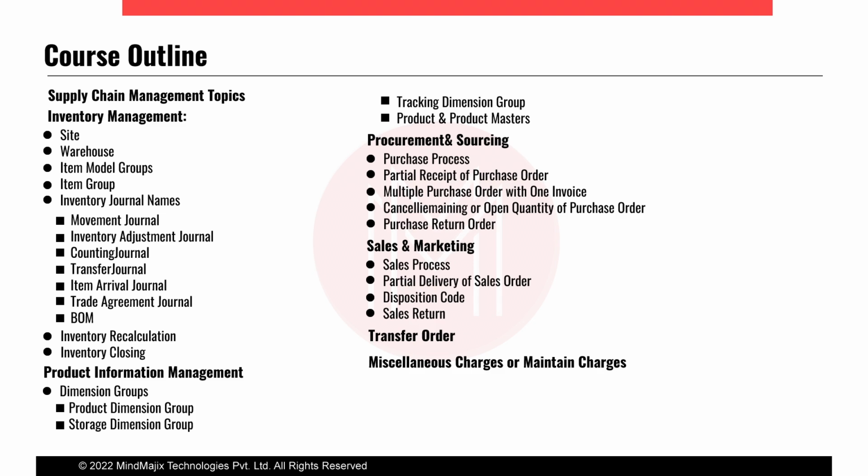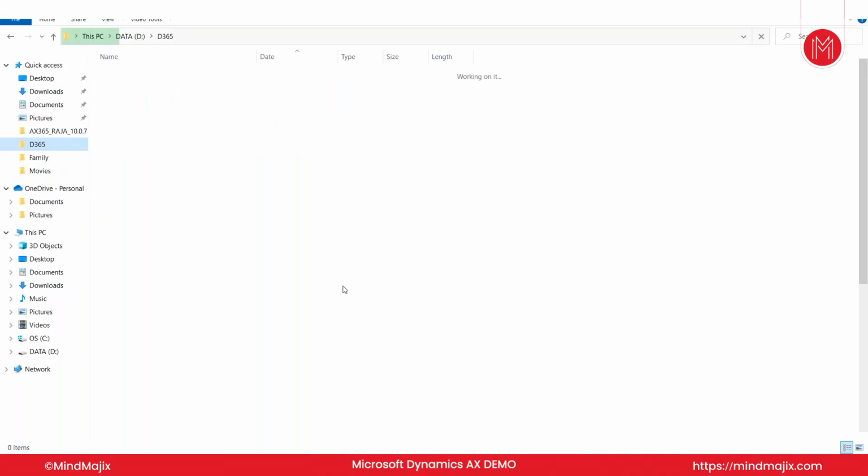Next, add-on topics. If you need to create the company, you need some knowledge about the finance module. We will create one company under organization administration, general ledger. In general ledger, we have different types of topics. I will show you.